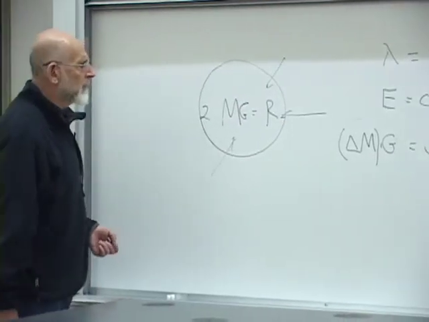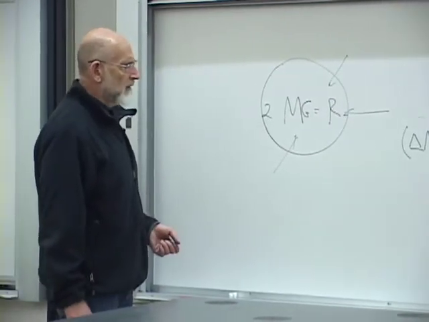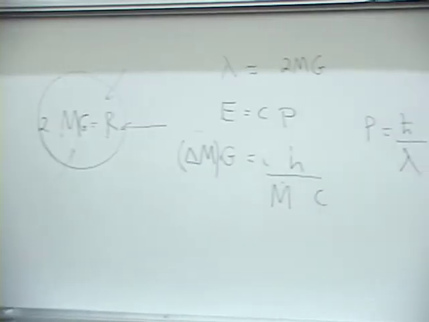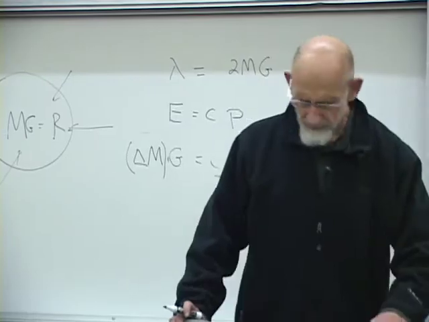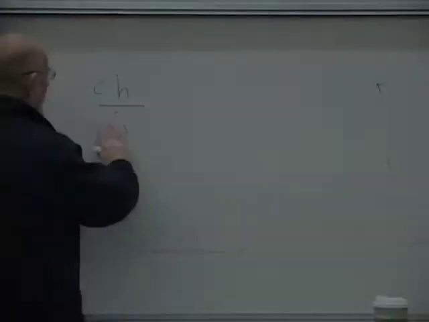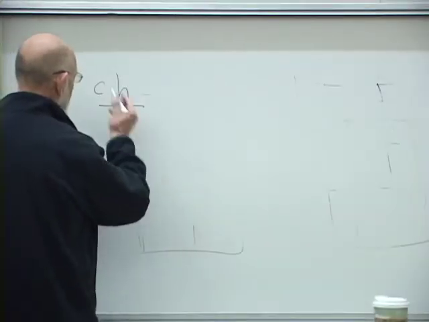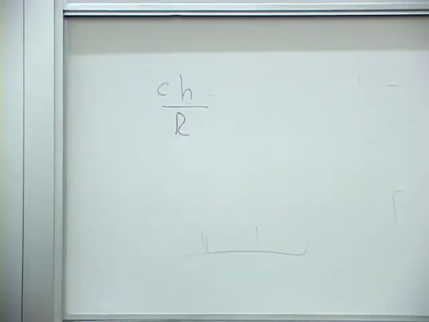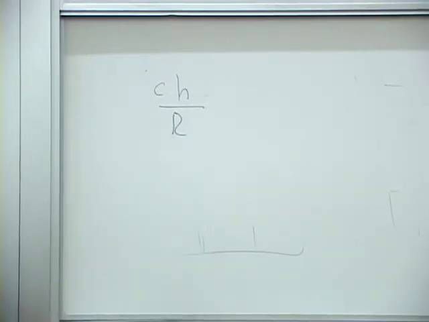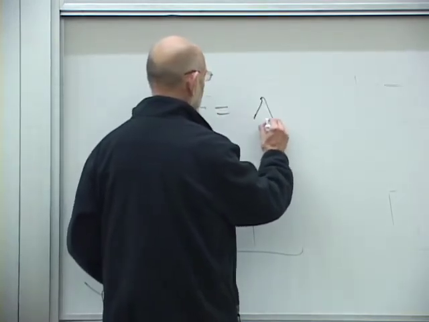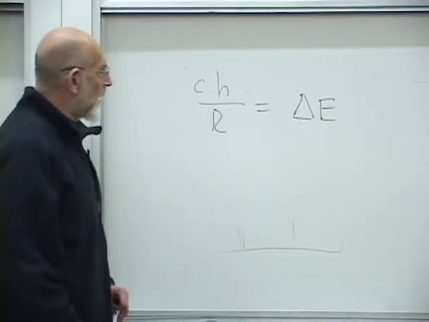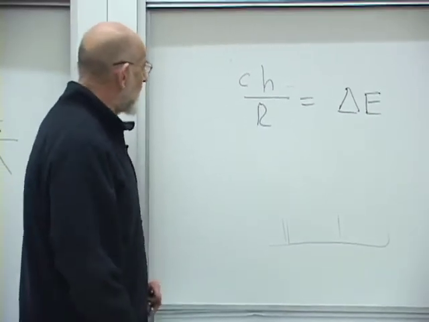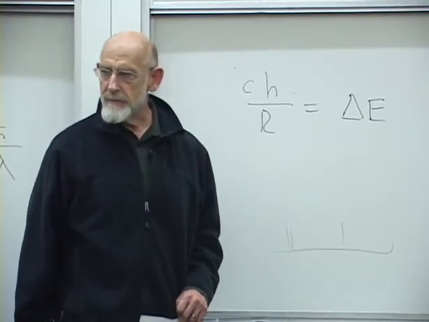Did I do that right? The wavelength over the Schwarzschild radius. hc over the Schwarzschild radius is the change in energy. That's delta E. E equals mc squared. So if I want the change in mass, I think I want to divide it by c squared.